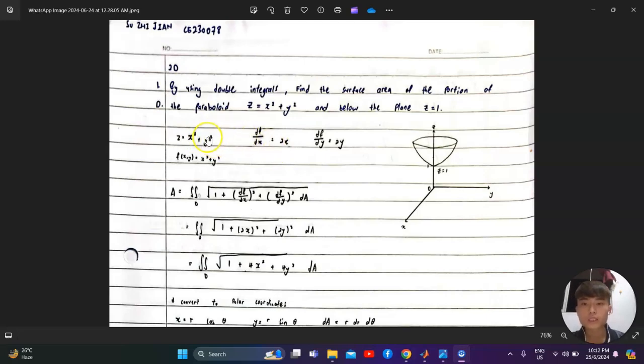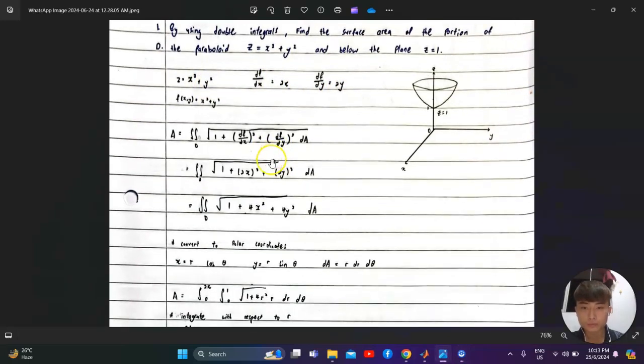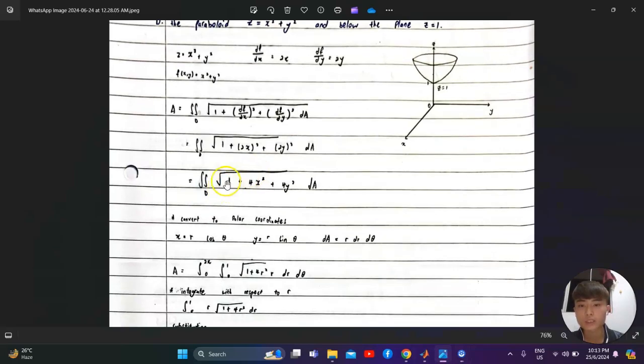When we differentiate the function with respect to x, we will get 2x, and with respect to y, for the y power of 2, we will get 2y. Now we just substitute into the formula, and we will get the double integral of the square root of 1 plus 4x power of 2 plus 4y power of 2, and also dA.